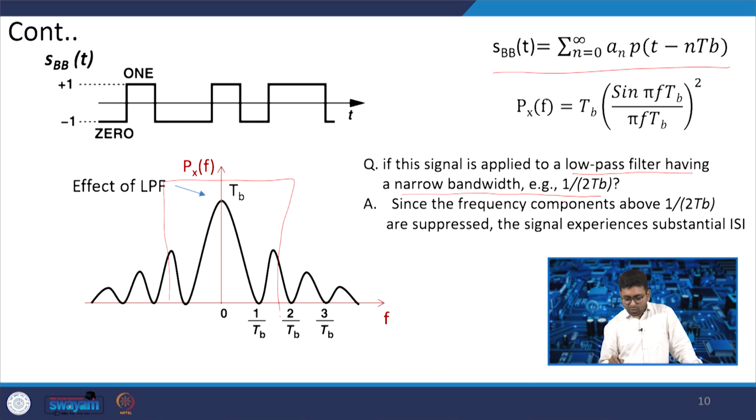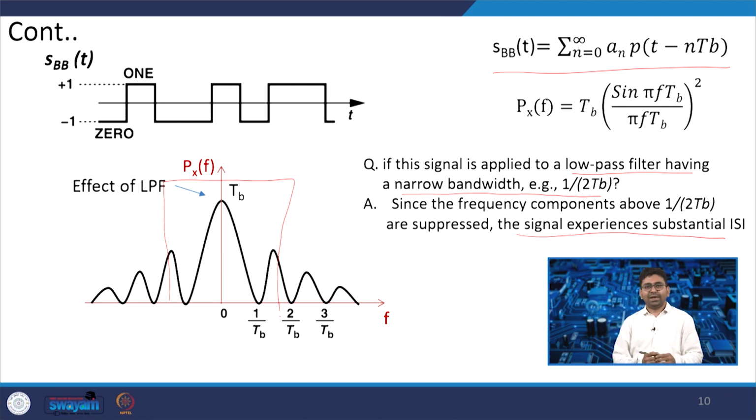Since the frequency components above 1 by 2T_B are suppressed, the signal experiences substantial ISI. Here you have many frequency components, and you are passing them through a very narrow band system, so ISI is happening.